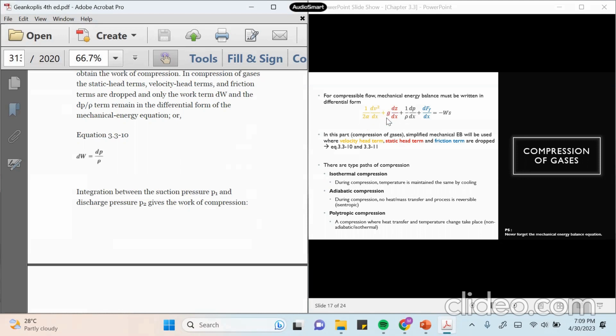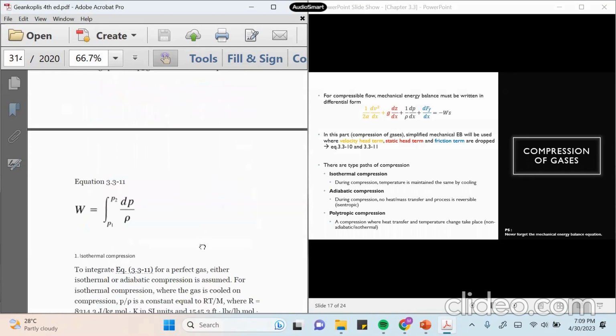That's why we can neglect all three terms, and we are left with dp per density equal to delta WS.